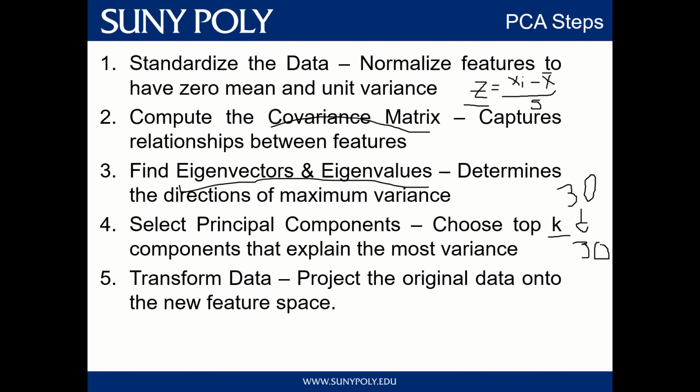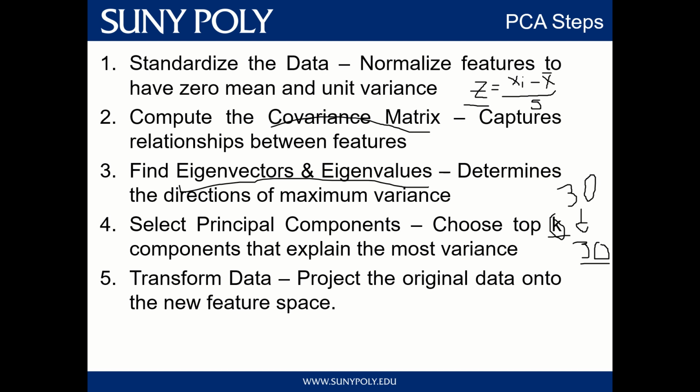We get 30, but in general, they won't have the same importance. So the idea here is to pick the top k components from these 30 that will represent most of the variance. So again, in a general application, we will target to pick the k principal components that will capture at least 80%, right? Between 80 to 90, 95% of the variance.